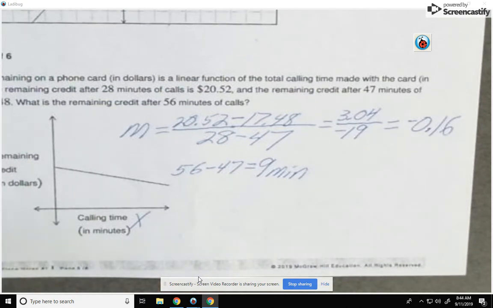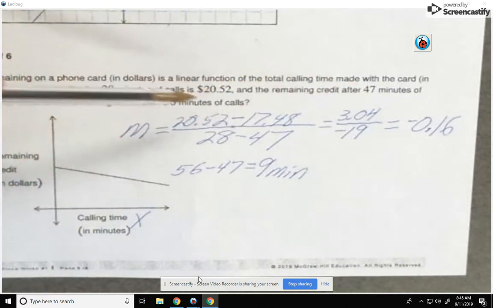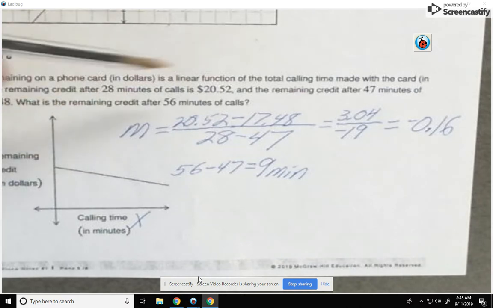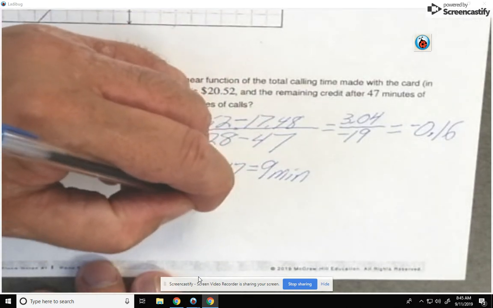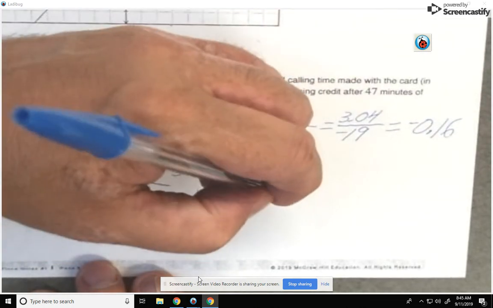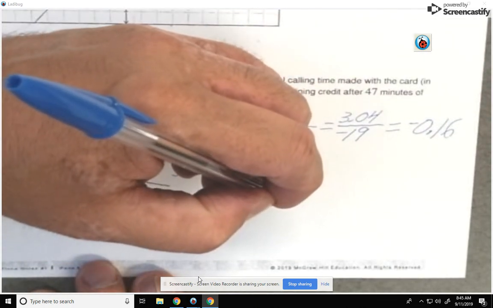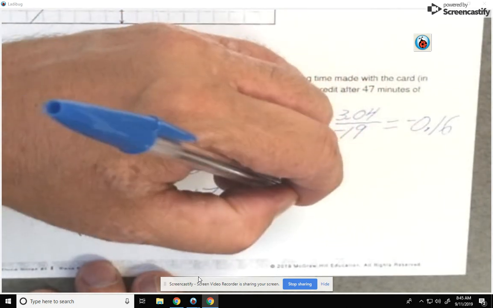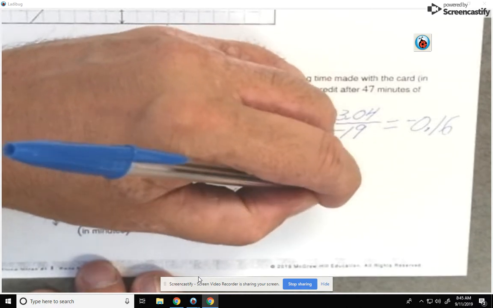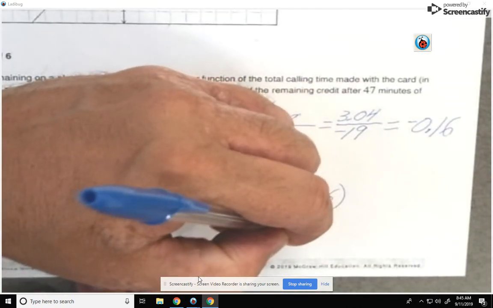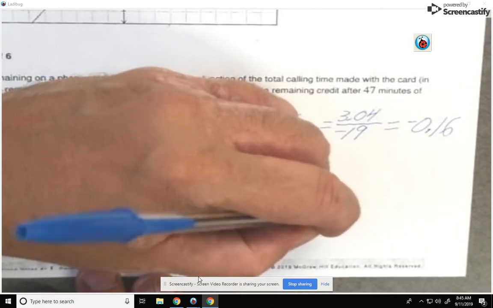Since I know the credit remaining on the card at 47 minutes was $17.48, I have $17.48 plus my 9 minutes times my slope of negative 0.16. Plugging this into a calculator, I get a final answer of $16.04.